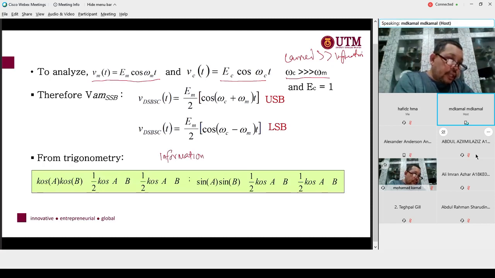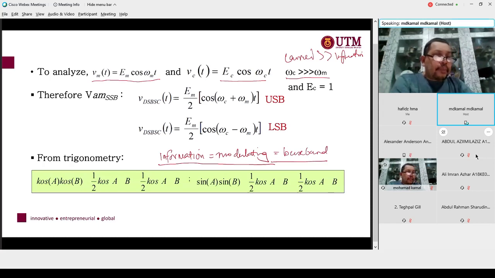Sometimes I use modulating. So information is the same thing as modulating, or sometimes just the baseband. These all mean the same. Baseband is low frequency, modulating is also low frequency, and the information is also low frequency.